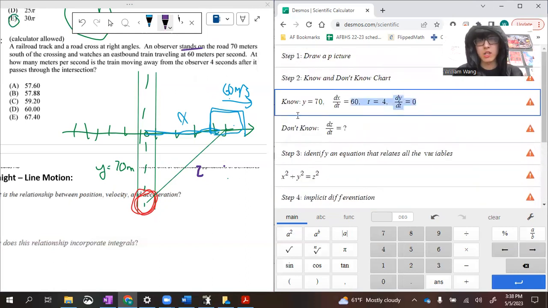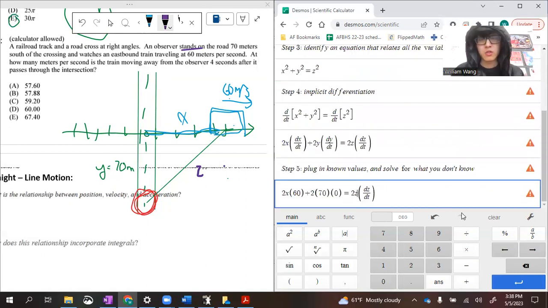So that's why it's useful to have my chart, because I can go back and fill out things that I didn't think about. All right, 2z, I actually don't know z, at least right now. And dz over dt, that's what I'm looking for. Okay, so let's simplify this equation a little bit.